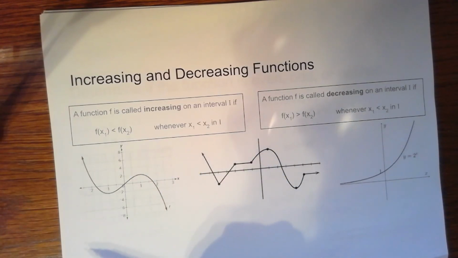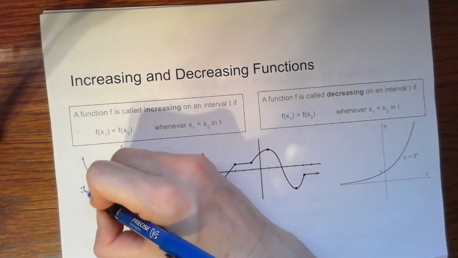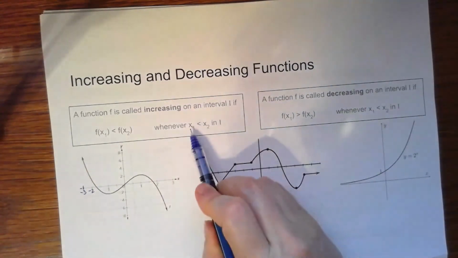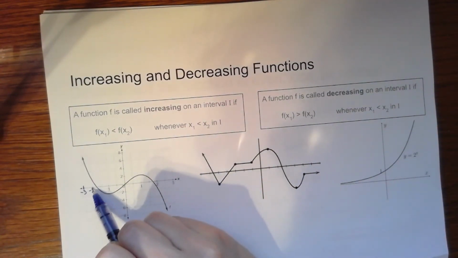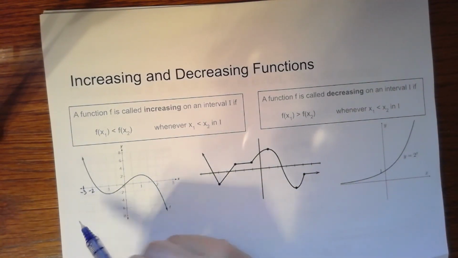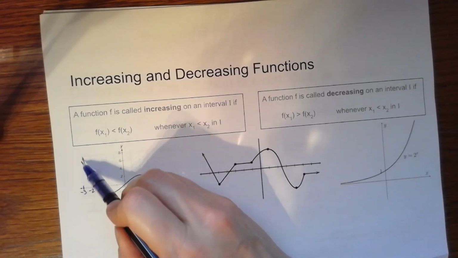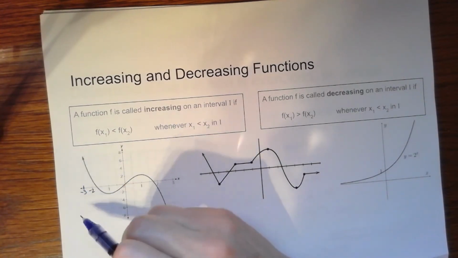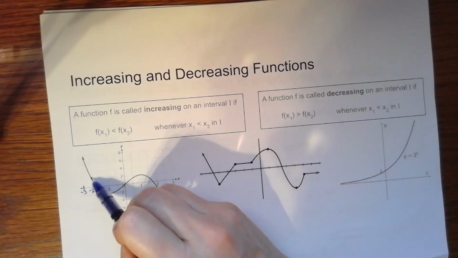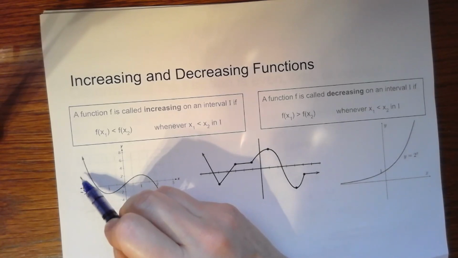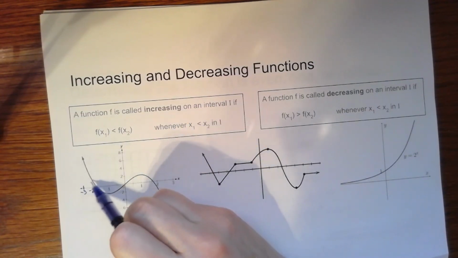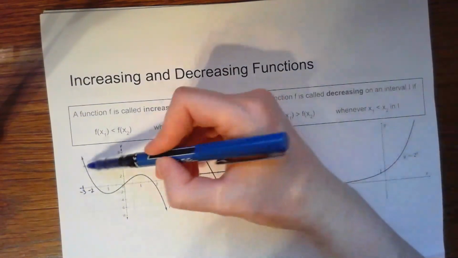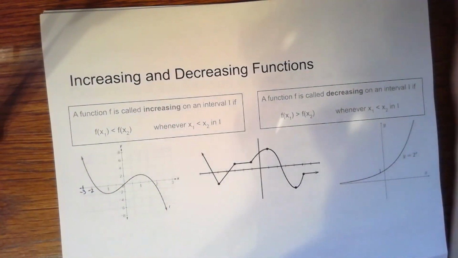Okay, so let's think about what that means. So here's negative 3 and here's negative 2. Negative 3 is less than negative 2. And then here, this is f of negative 3 and this is f of negative 2. Okay, this one is larger than that one. This is not true, so it wouldn't be increasing here. It would be decreasing. And then when you look at it, that makes sense, right?